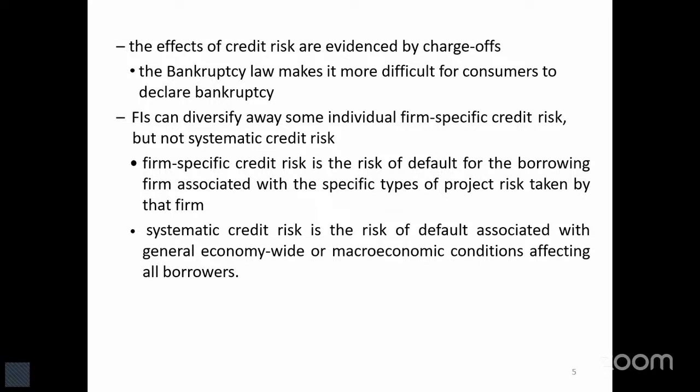Firm-specific credit risk is the risk of default for the borrowing firm associated with the specific type of project risk taken by that firm. When individuals or companies apply for a loan to the bank or institutions, they come up with a project. They need money for certain project financing. At that time, the bank officers, credit officers thoroughly check the viability of making profit of that project.